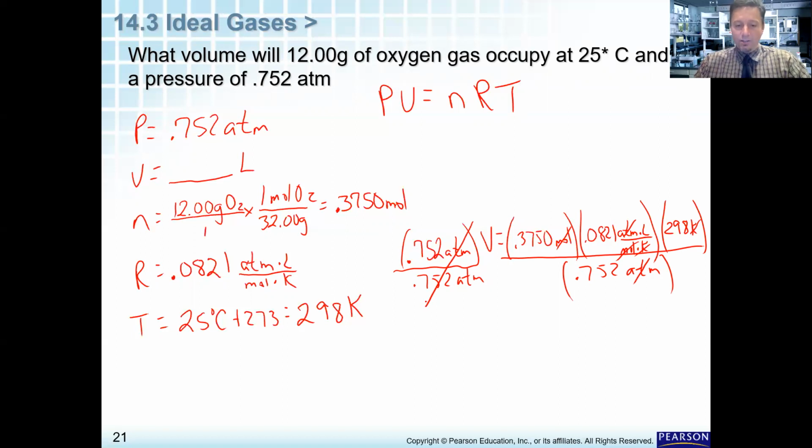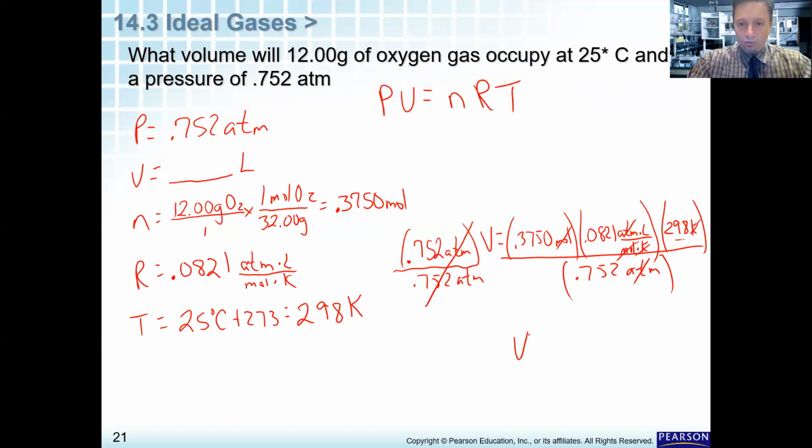So let me plug this all in. So I have 0.3750 times 0.0821 times 298 divided by 0.752. And I am looking here at 3 sig figs.